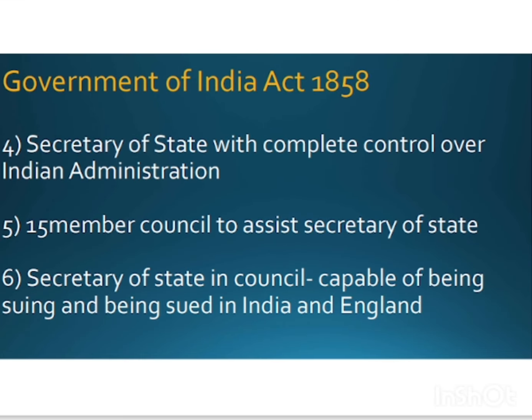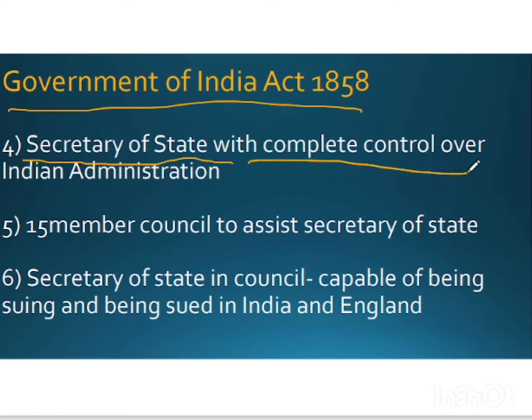Now the Government of India Act 1858 also brought change with respect to the secretary. The Secretary of State was formed with complete control over Indian administration. It was assisted by a 15-member council, so you need to know the number 15.